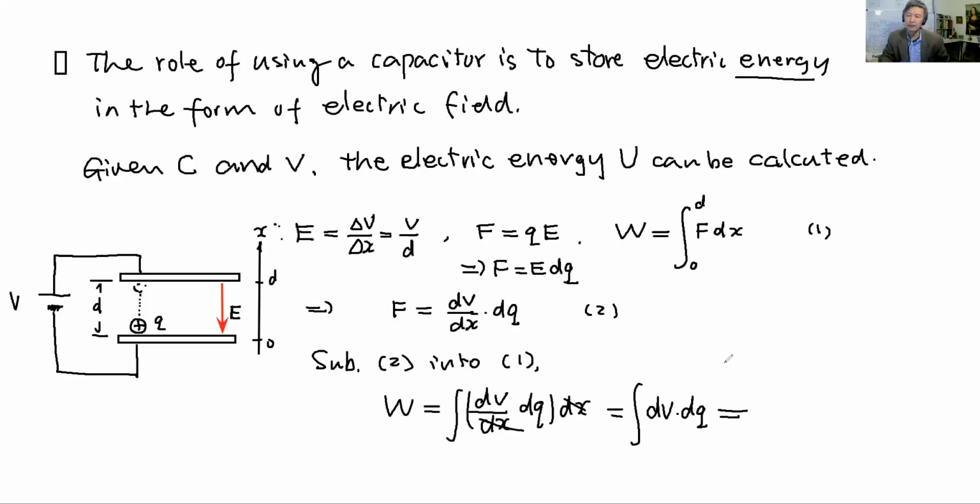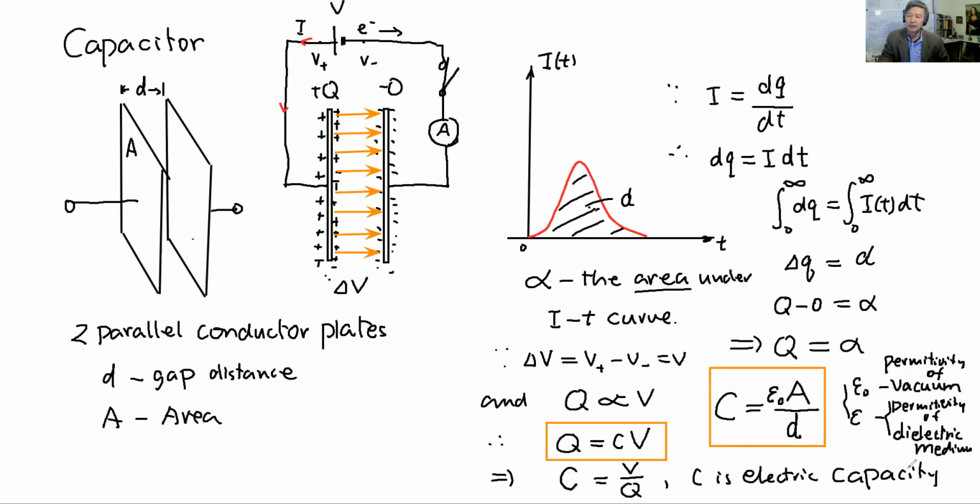So basically we have to replace this by the C. C equals V over Q, right? No, this is very wrong. Can we just go back? I'm wrong here.